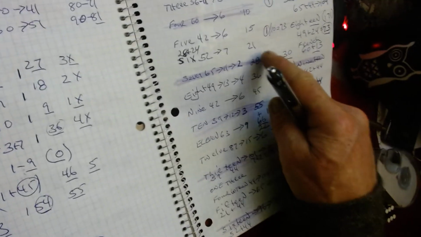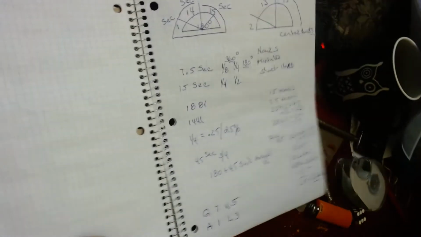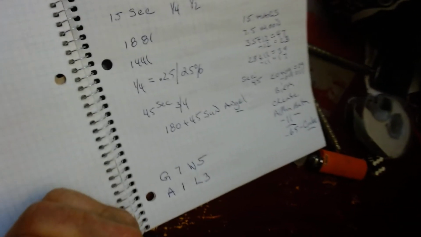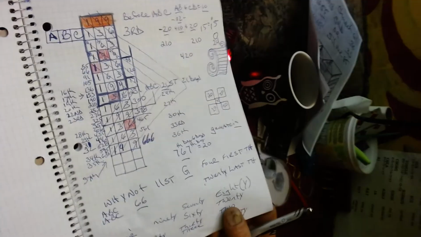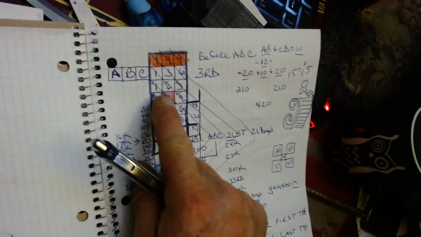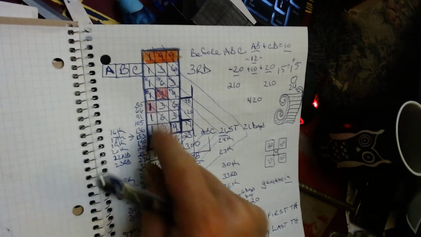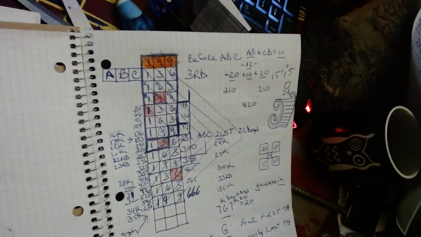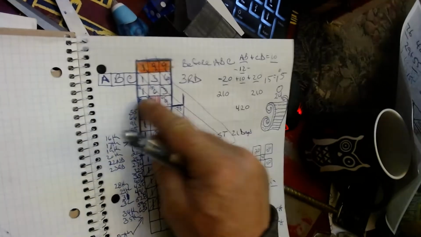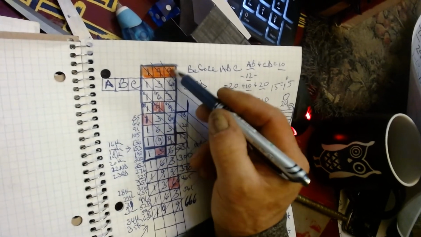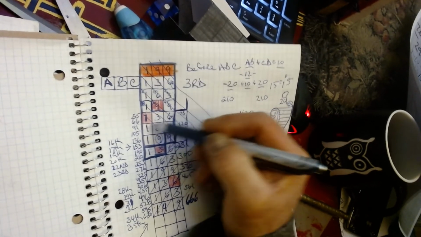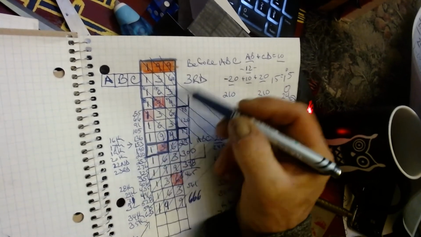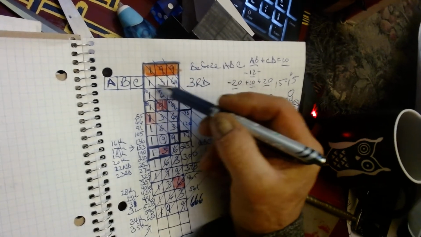136, 163, 199. If you don't see it here, 13, 1, 10, 13. 9, 15, 7.